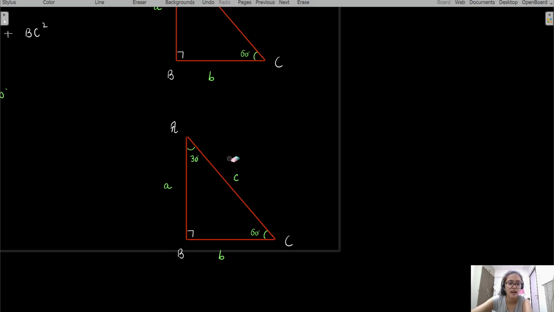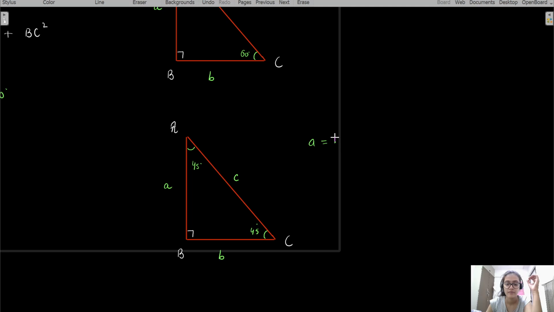Okay, so now we have a 45, 45 and 90 triangle. Let's say this is 45 and this is 45. In this case this becomes an isosceles triangle, right? So here A and B are going to be the same.